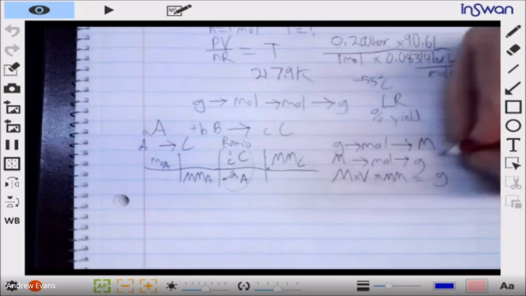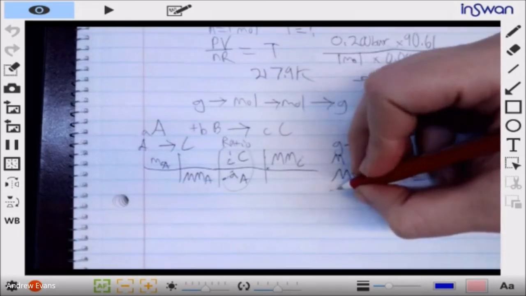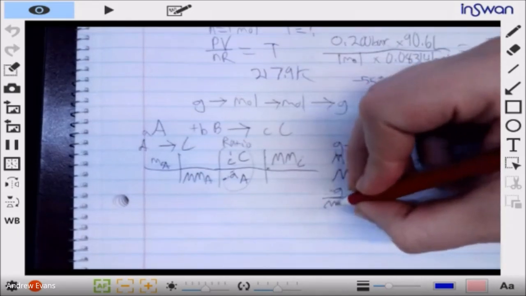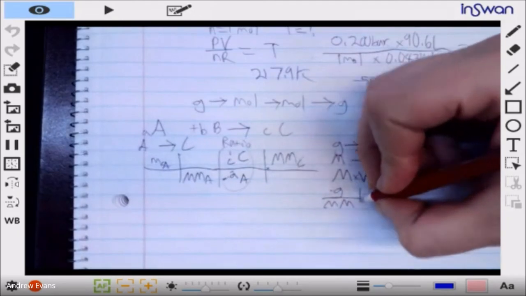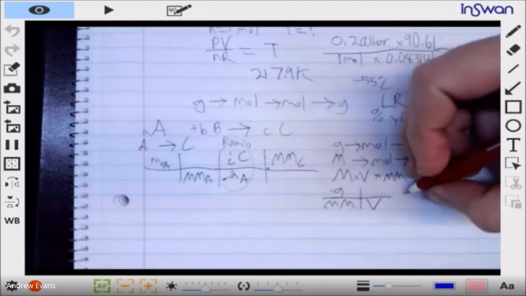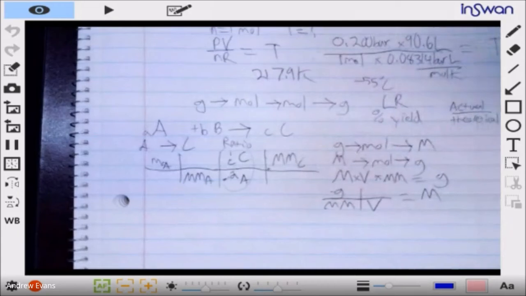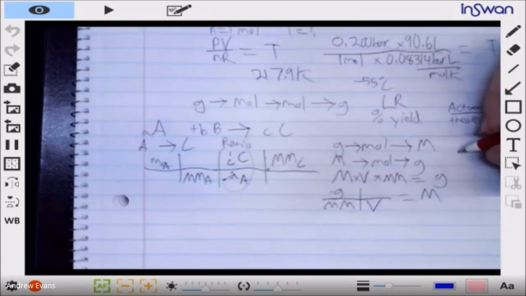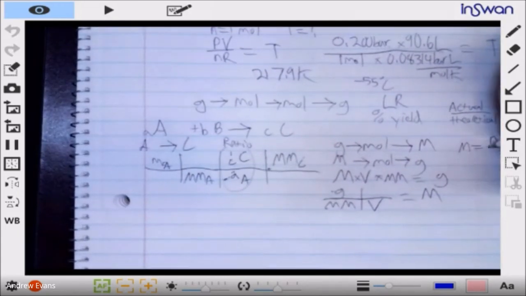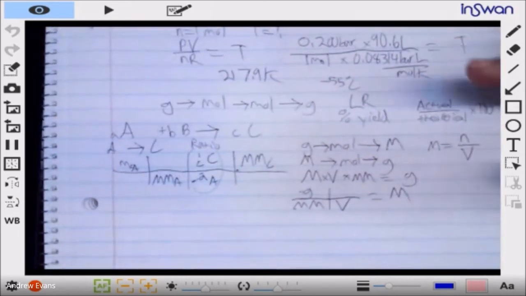Or we could do grams divided by molar mass divided by volume equals molarity. That molarity is essentially moles over volume. Sorry, I'm off the screen.